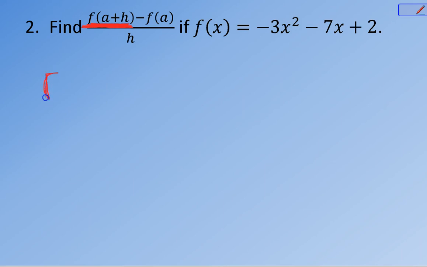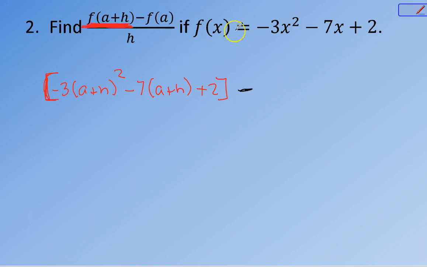So I'm going to put a bracket this time because I'm inserting parentheses inside this whole function. So that would be a -3. Remove the x and replace it with an a plus h. -7. Remove the x, replace it with an a plus h. Plus 2. That all represents the f of a plus h.